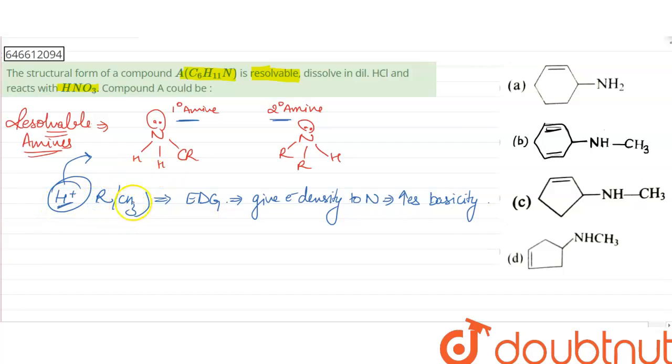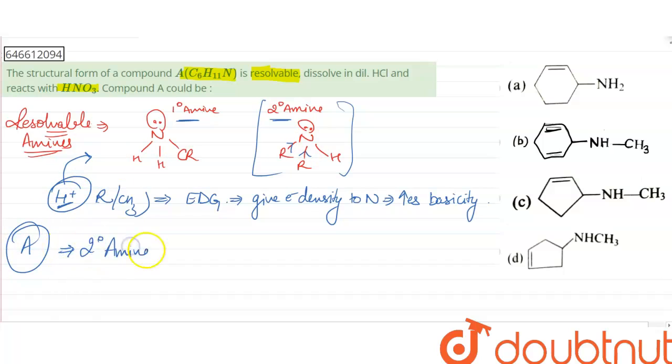The compound which has more R or CH3 groups accepts H plus more. You can see in these structures, secondary amines having two R groups will get more electron density, so they have more tendency to accept this H positive. So we can assume the first quality of A is that it is a secondary amine, which means it has two R groups and one hydrogen attached to it.